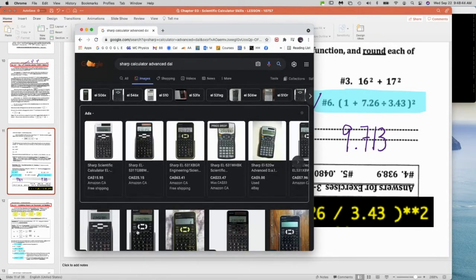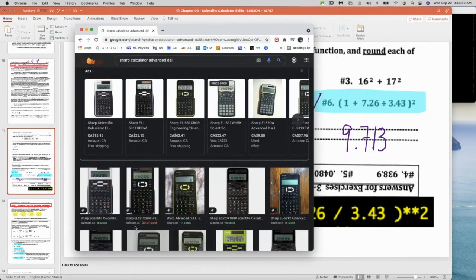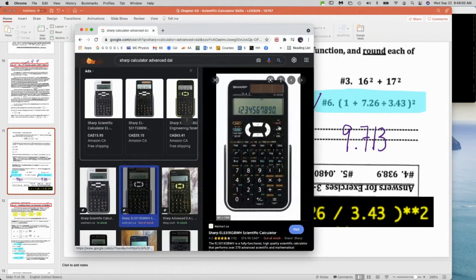Which one does it look like? Is it this one? Third one on the top. Okay. This one here, right? Okay.